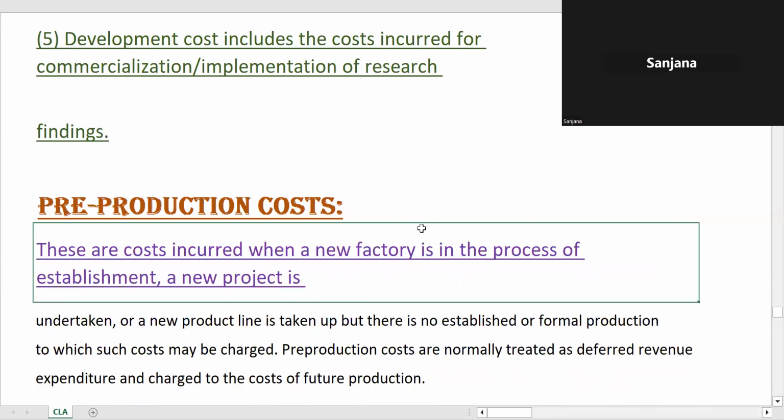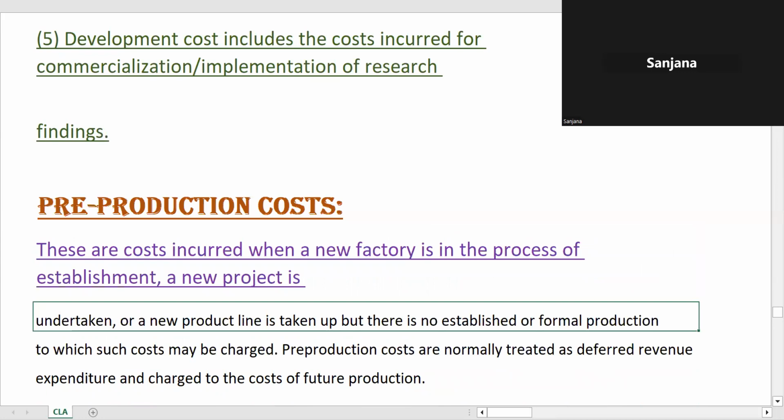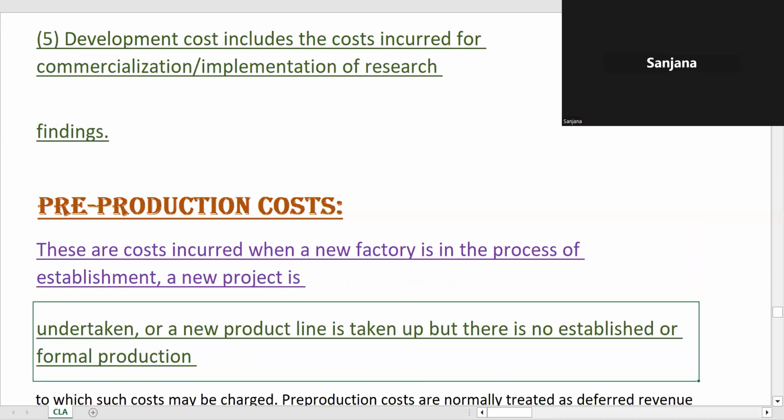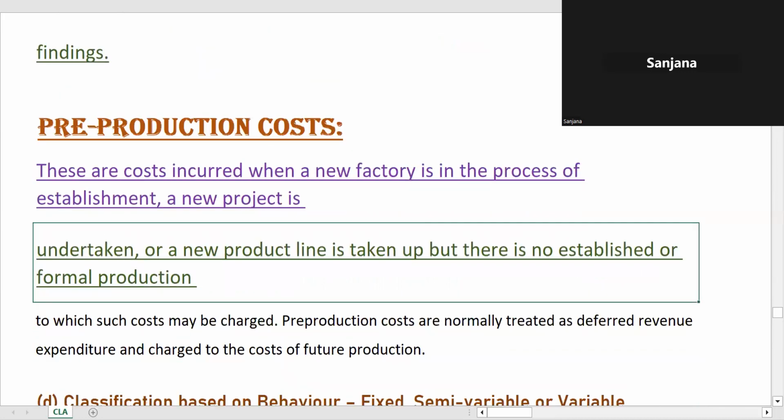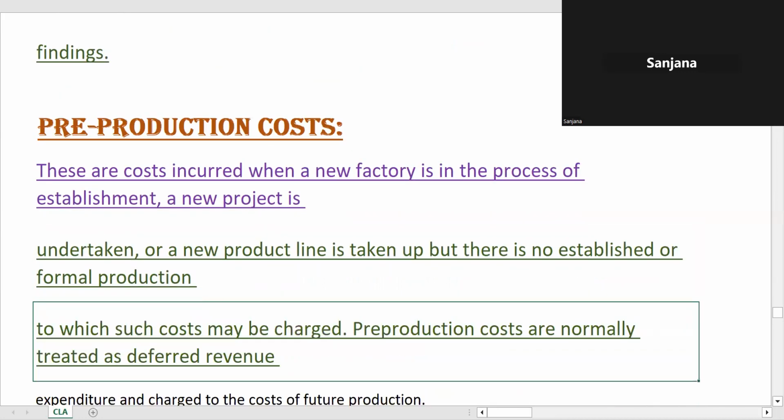When a new factory is in the process of establishment, or a new product line is started, you have no formal production for which the costs will be charged. So you have started something new, you are incurring costs on that, but you don't have any production as of now, because you have not started the production.